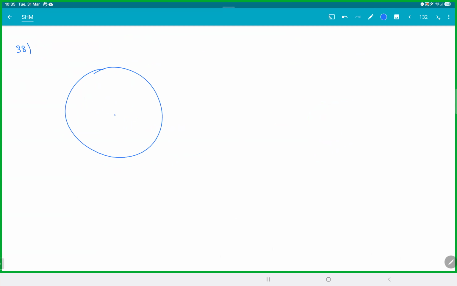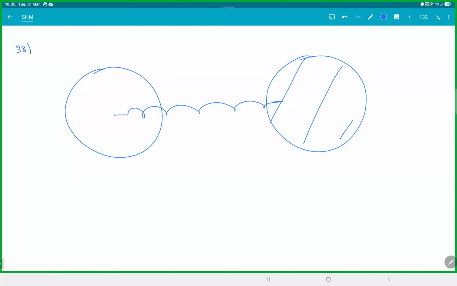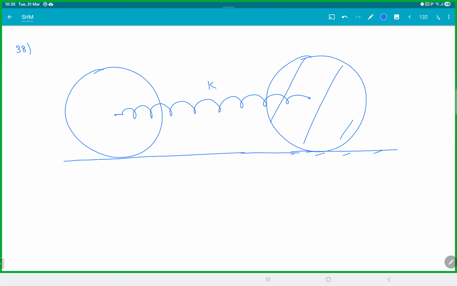So what if we have a spring here? This is a solid sphere, mass m, radius R. This is a hollow sphere.